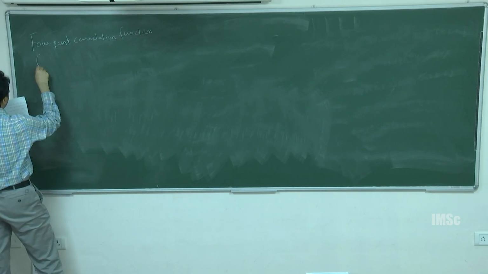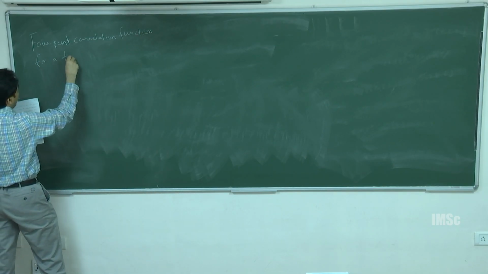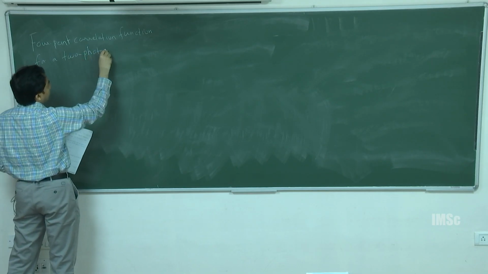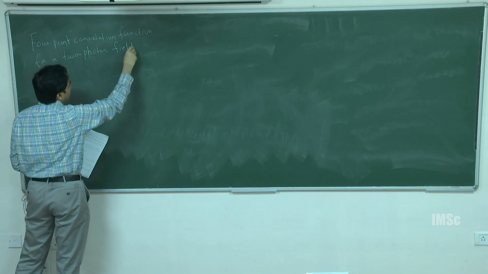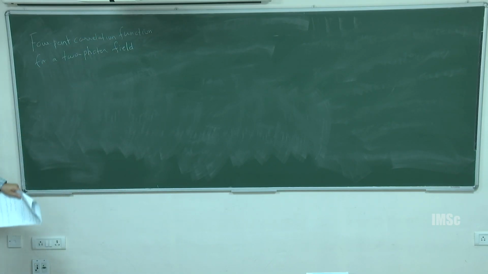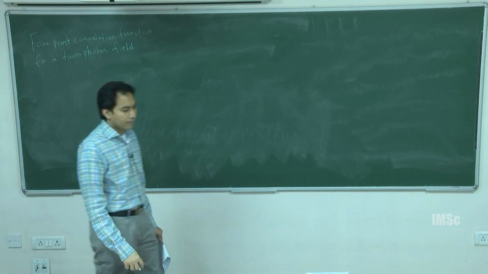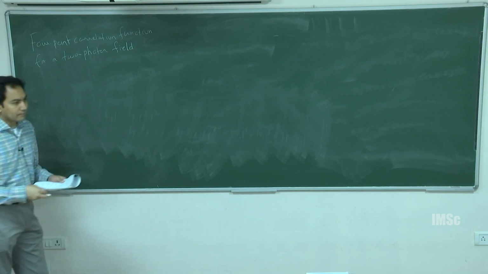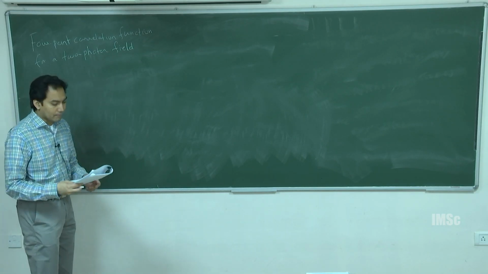Consider 2 photons. We will discuss how to produce 2-photon fields a little later, but let us assume that we have 2 photons and we have 2 separate detectors.